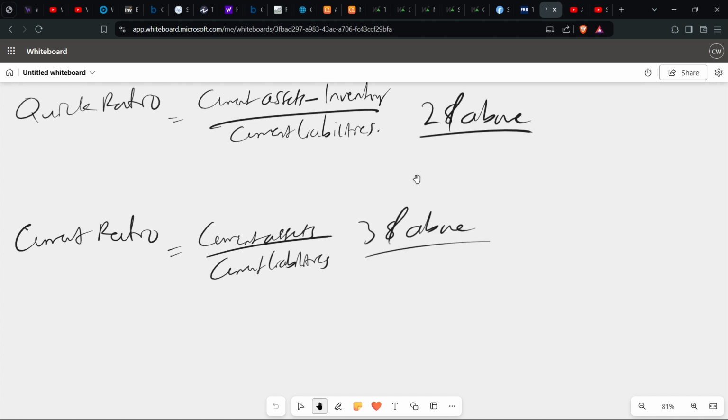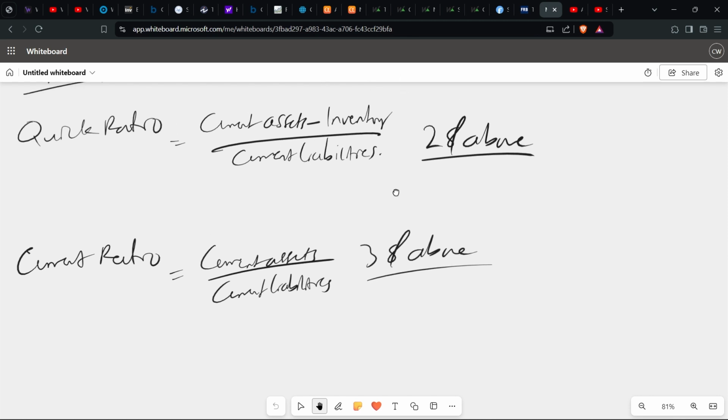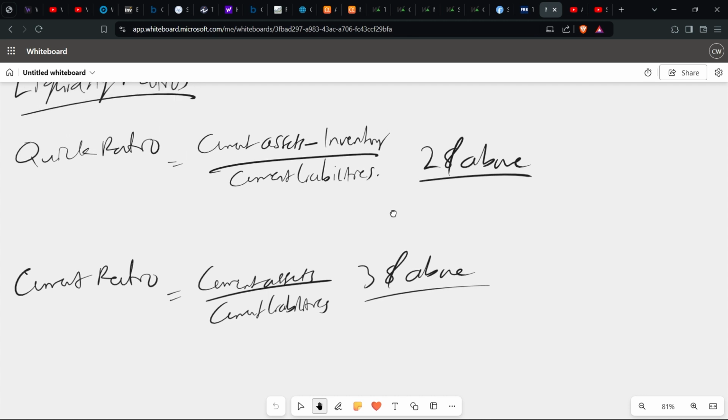And of course, you need to compare with the industry benchmark because I'm sure you remember some companies do not have any inventories, meaning they are companies that provide services. So the inventory is blank. The quick ratio is often the same as the current ratio for some companies. Remember, we saw Meta, they have nothing on their inventories.